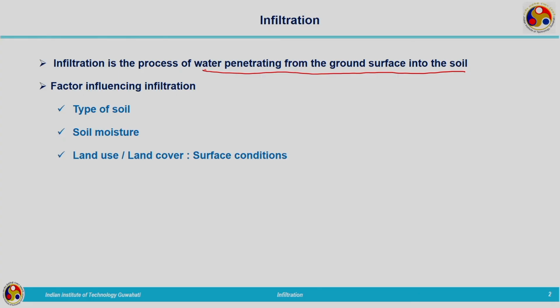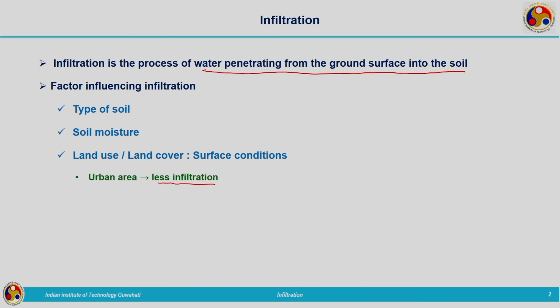Next is the land use, land cover, that is the surface conditions. Different types of land use classifications are there. So, we can take two cases. One is of an urban area, second one can be of a rural area. In the case of urban area, majority of the land surface will be paved. We are having built up areas more.